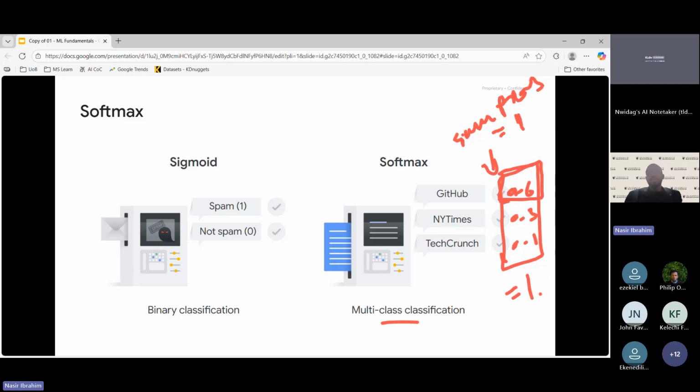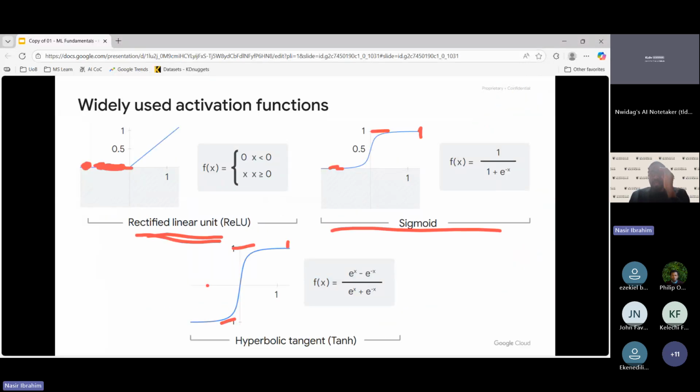The highest probability maps to GitHub, so your output label is going to be GitHub. So that is softmax. If I go back to this, the softmax is actually sigmoid, but for more than 2 classes.